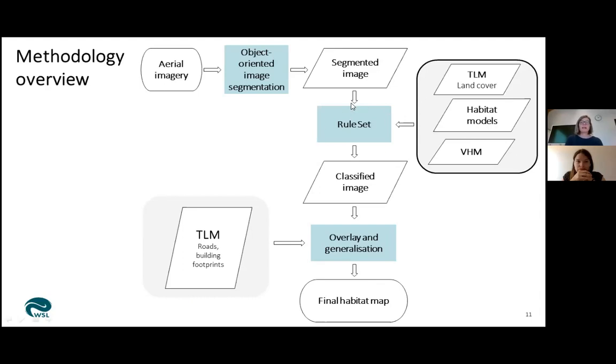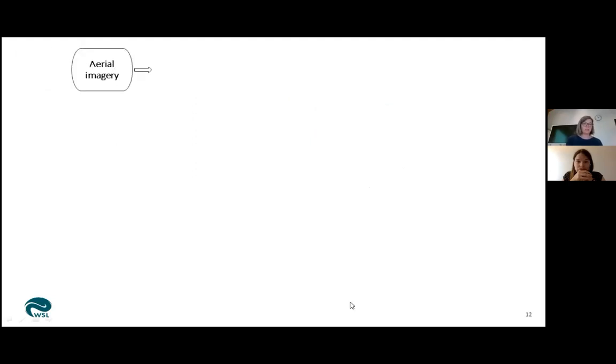And then we wanted to classify that segmented image using auxiliary data, specifically the land cover from the topographical landscape model and habitat models. That's the key part: segmenting the image and classifying it into habitat types. And then we overlay this with fine detailed information on roads and buildings to come to a final habitat map.